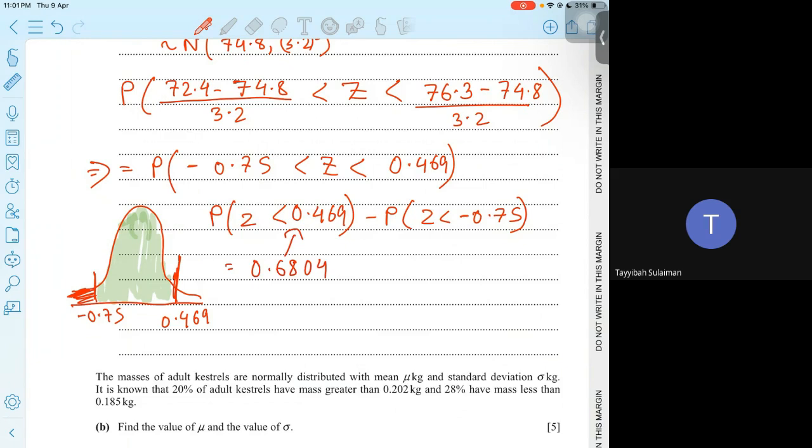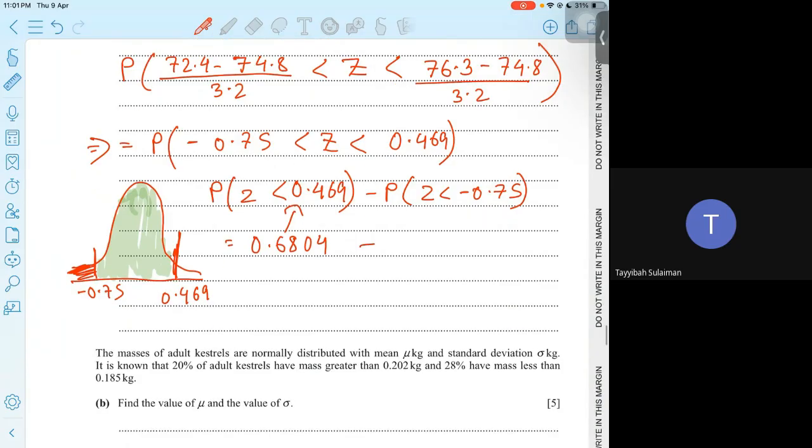Yeah, you get this. And then for this, since a negative value does not exist in the table, we have to flip it and consider this to be 0.75 and find this part out, right?